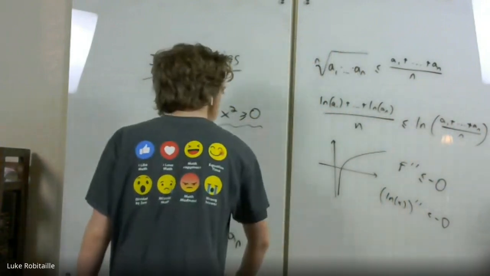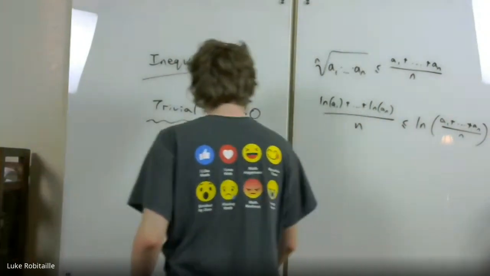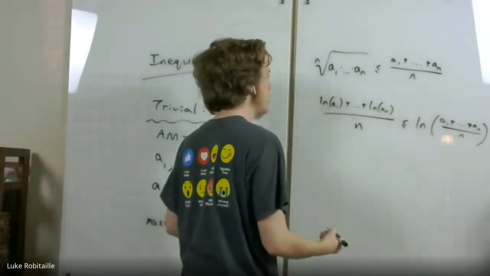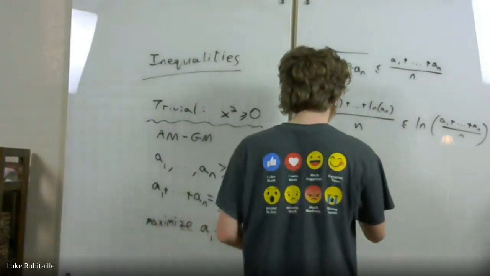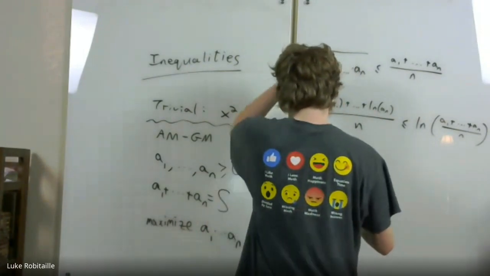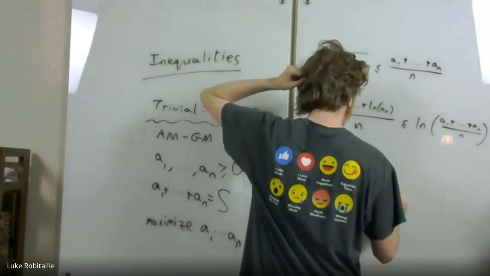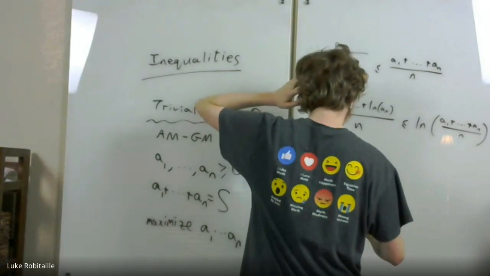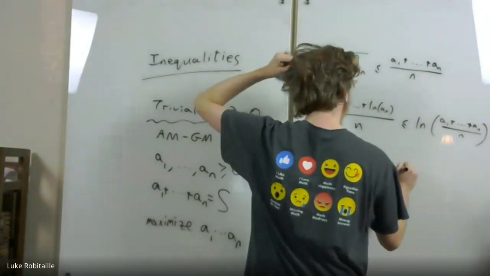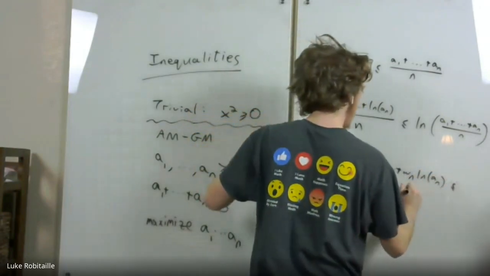I don't want to go into too much about Jensen, but there's also a version of AM-GM where instead of just having a factor of 1 over n, if we have weights, some non-negative real numbers w1 through wn that sum to 1, you could get this.